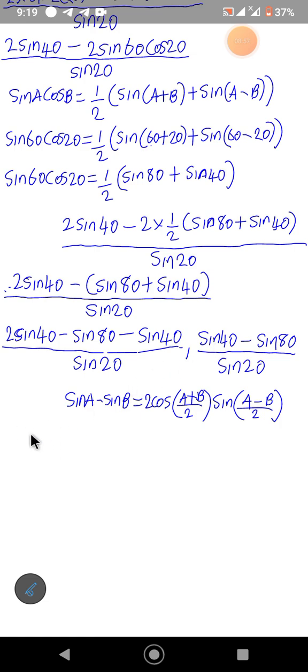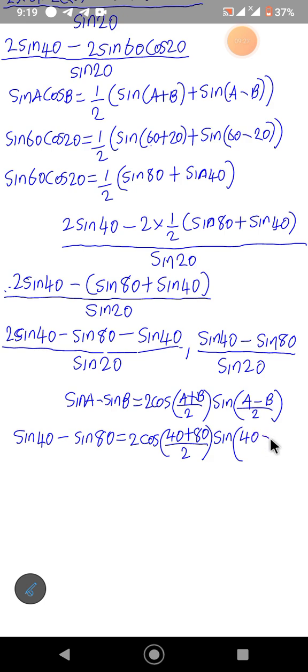So I can write sine 40 minus sine 80 is equal to 2 cos, open bracket, 40 plus 80, that's A plus B, all over 2, close the bracket, sine 40 minus 80 all over 2, close our bracket.